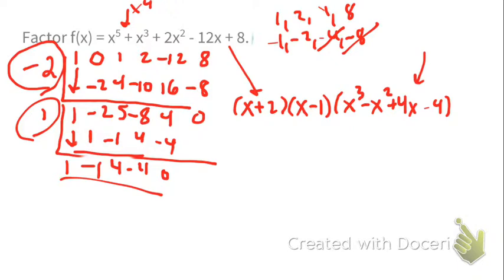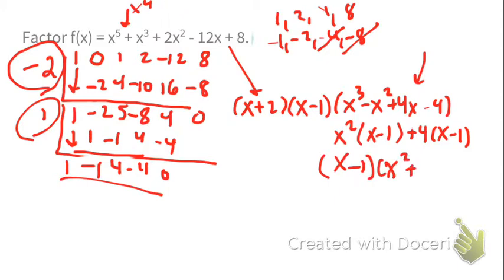You could pull out an x squared here, and you're left with x minus 1, and also pull out a 4, and you're left with x minus 1. And then you'd have x minus 1 times x squared plus 4 times x plus 2 times x minus 1.